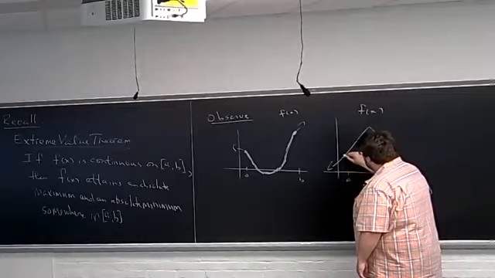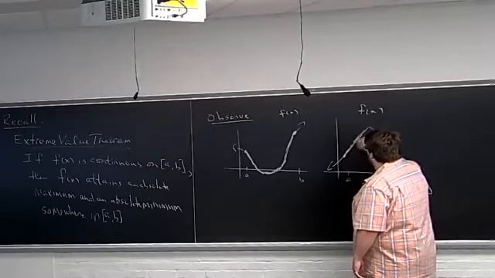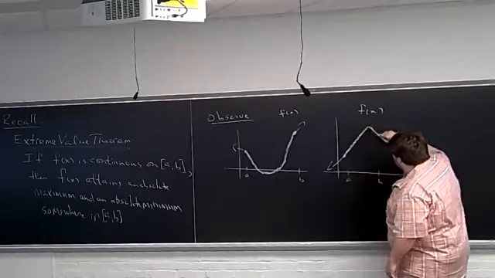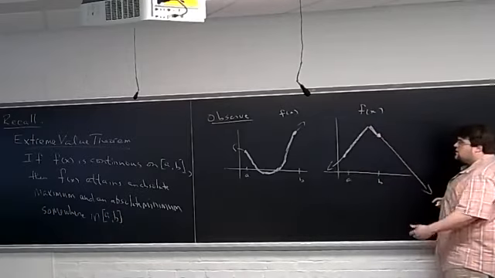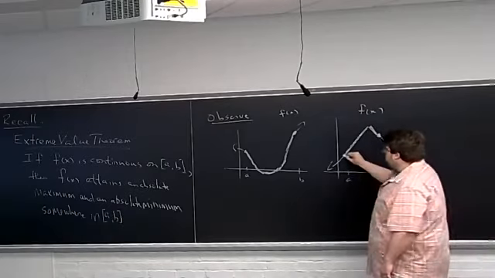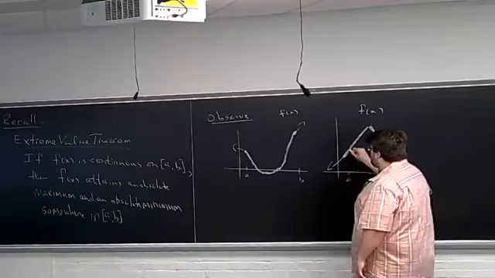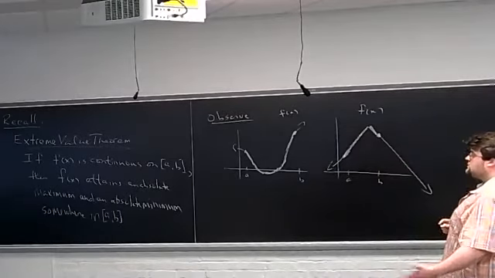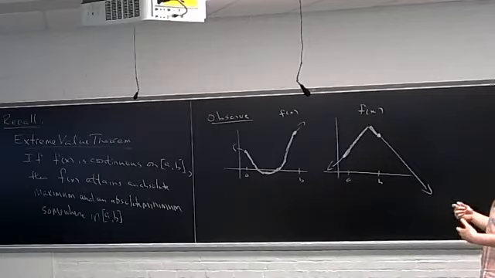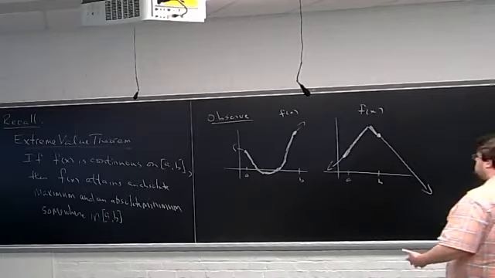And in the second case, it is something like that. The extreme value theorem says if we have a continuous function on a closed interval, then there is an absolute maximum and there is an absolute minimum. So with these two curves, that should be the case, and it is the case.